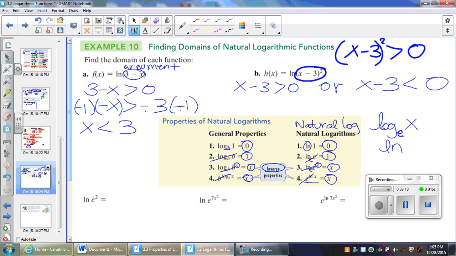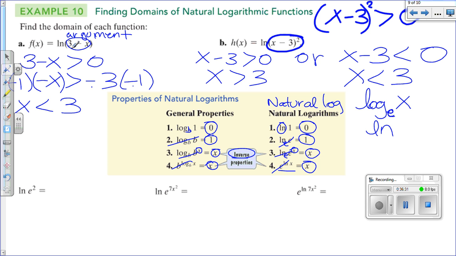So what I'm going to get from here is that x must be greater than 3, and also x must be less than 3. So if we were to look at the number line for this problem, every single number will be less than 3 or greater than 3 except for one number.